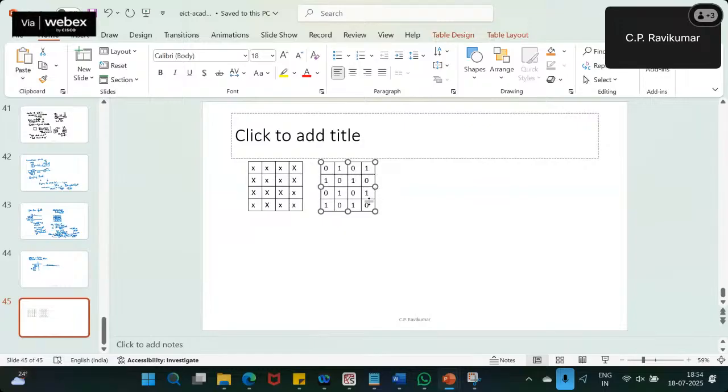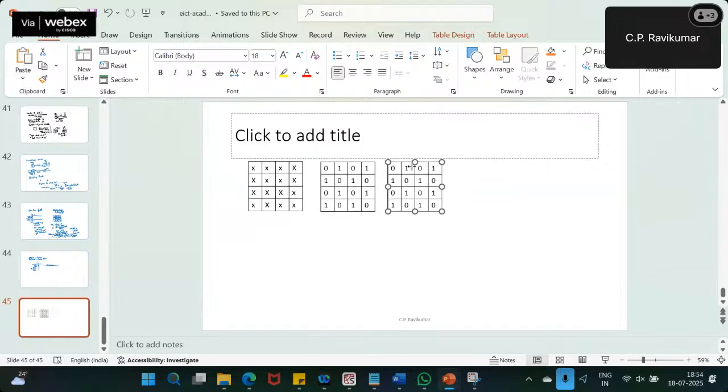We will read back the values that are written, and alternately we expect a 0 to be read and a 1 to be read, etc. Suppose there is some cell where we were expecting a 0 and actually we got a 1, then we record that error. We say that at this particular row and column there was an error.